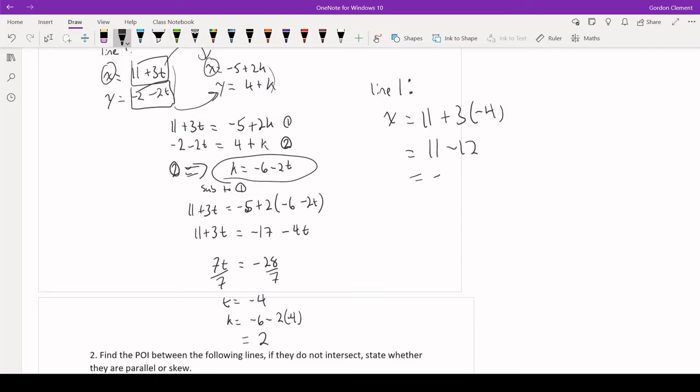I don't know why I'm all of a sudden showing so much work when I was skipping all the work before. You don't have to show all these calculations like that. And y is going to be -2 minus 2 times -4, which is going to be 6. That's better.